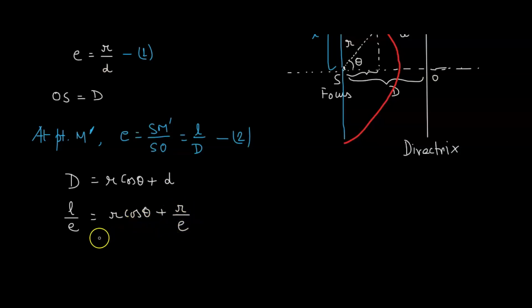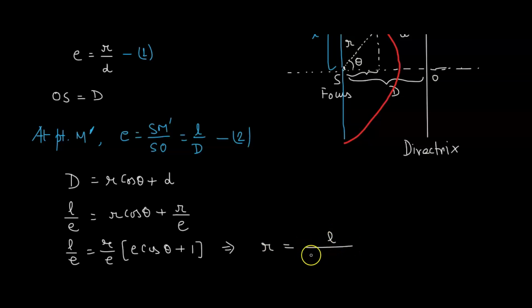Now we take r over e, the common factor from the two terms on the right hand side, so that becomes r over e times (e cosine theta plus 1). I can see that the e and e get cancelled, and this gives us r equals L divided by 1 plus the eccentricity e times cosine theta.